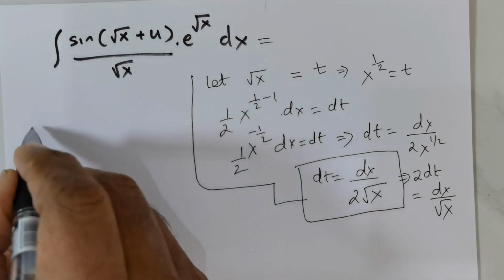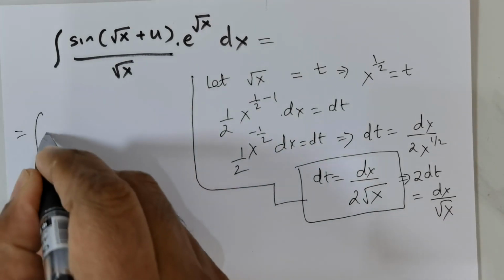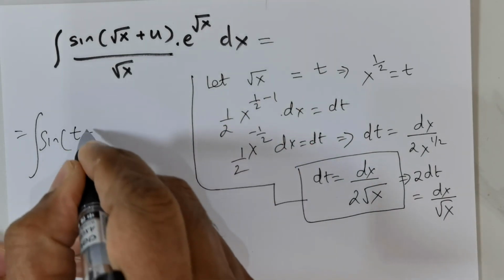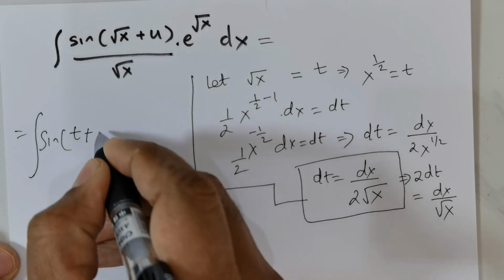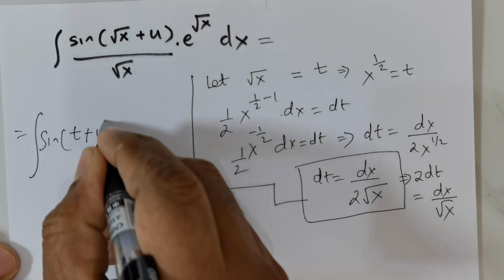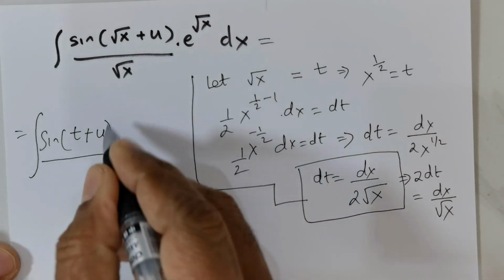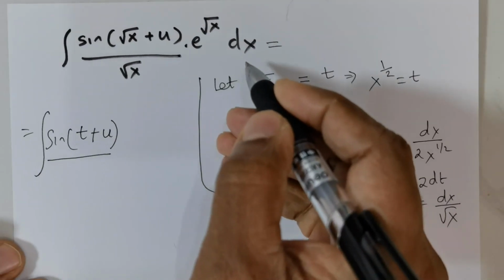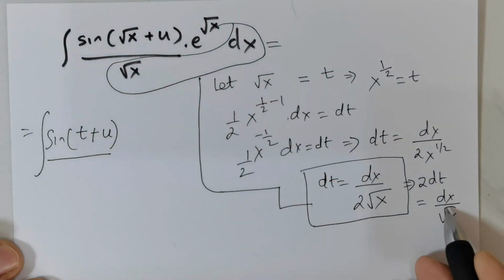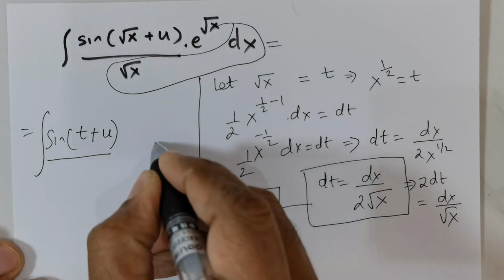So therefore this integral is rewritten as sine, in place of root x I have t, and this u is a constant. Okay, this is divided by dx over root of x. dx over root of x is 2 times dt.